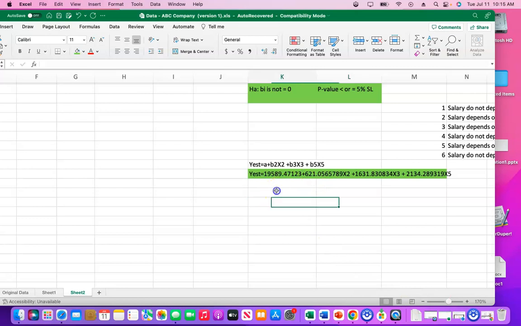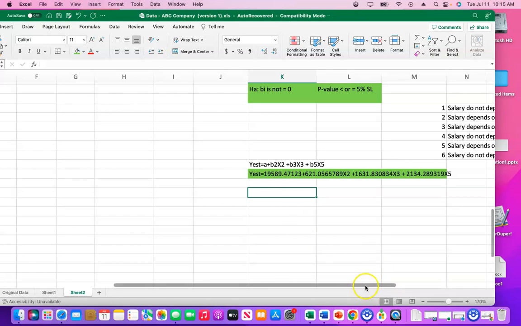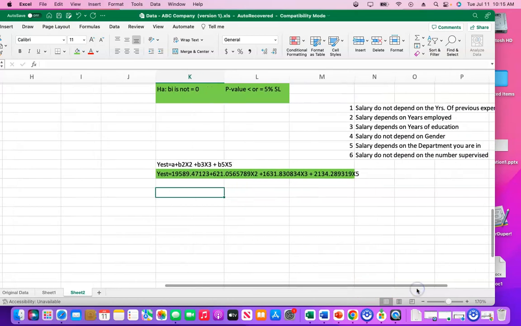And so in this case, we can actually interpret our results. And all we're going to do is interpret one after another. Remember, each variable can act on its own. So a change or anything that happens with one variable has nothing to do with another variable. For instance, we saw that salary does not depend on the years of previous experience.